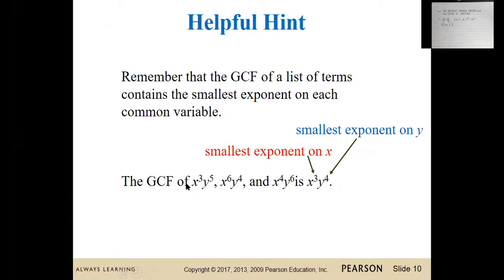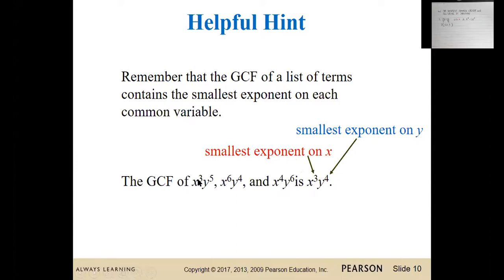So if you look at this example here, there are 3 different terms: x to the 3rd y to the 5th, x to the 6th y to the 4th, x to the 4th y to the 6th. What this is saying is I can only pull out the smallest amount of the exponents they have in common. In other words, let's look at just the x's. There are 3 x's here, 6 x's here, and 4 x's here.